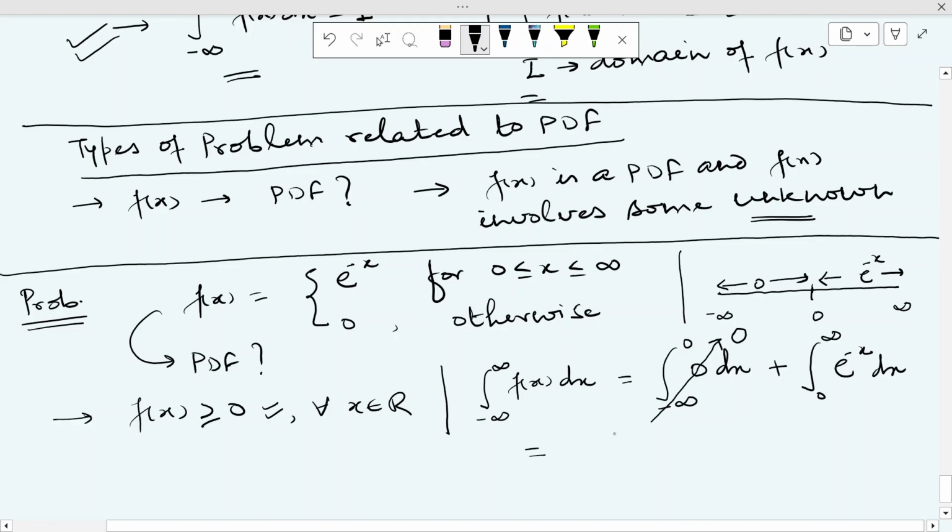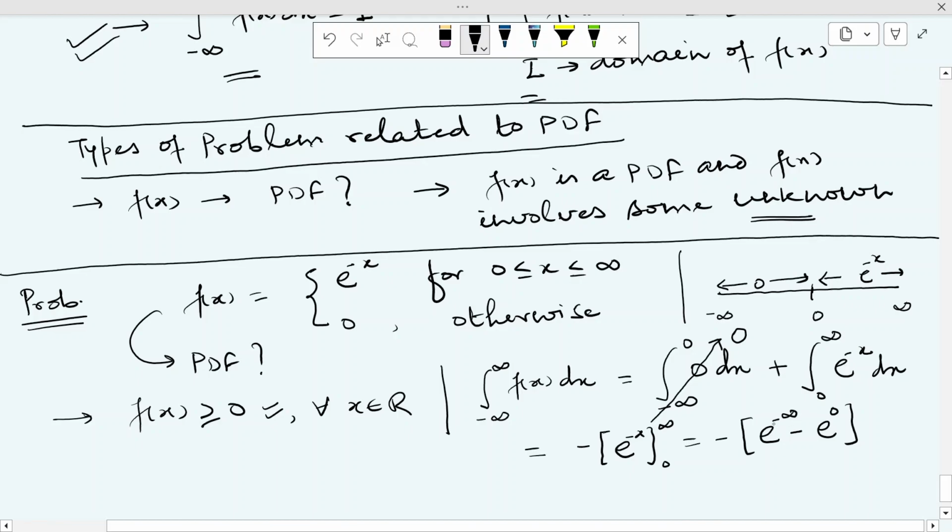When you integrate e to the power minus x, it comes out as minus e to the power minus x, and when you integrate from 0 to infinity and put in these limits, this is coming out as e to the power minus infinity minus e to the power 0.